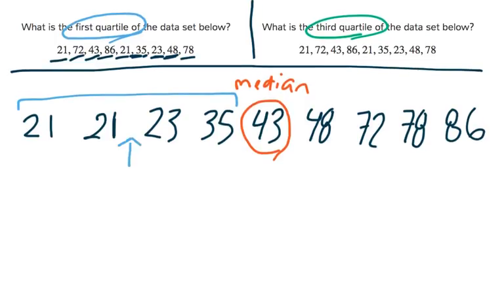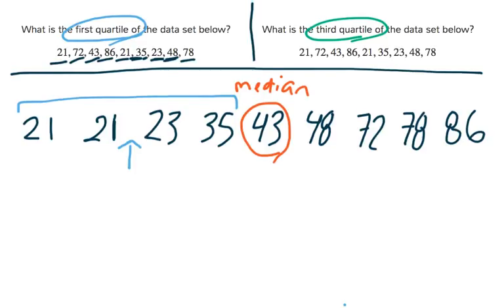It looks like the halfway point is directly between 21 and 23, so the number in between that would be 22, which means that 22 is my first quartile, or we can also call that Q1. So that is the answer to our first question. The first quartile is 22. That's halfway in between the bottom half of the data.